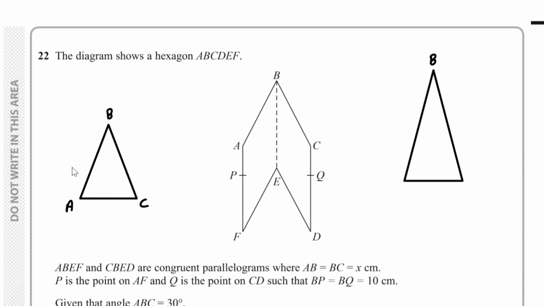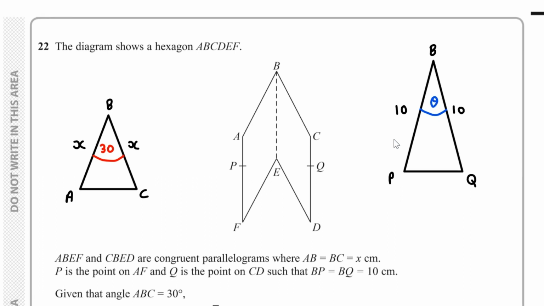Here we've got x, here we've also got x. And here we've got P, and here we've got Q. And here we've got 10, and here we've also got 10. We've got 30 degrees over here, that was given to us in the question. And we've got the angle over here, which is what we're finding.